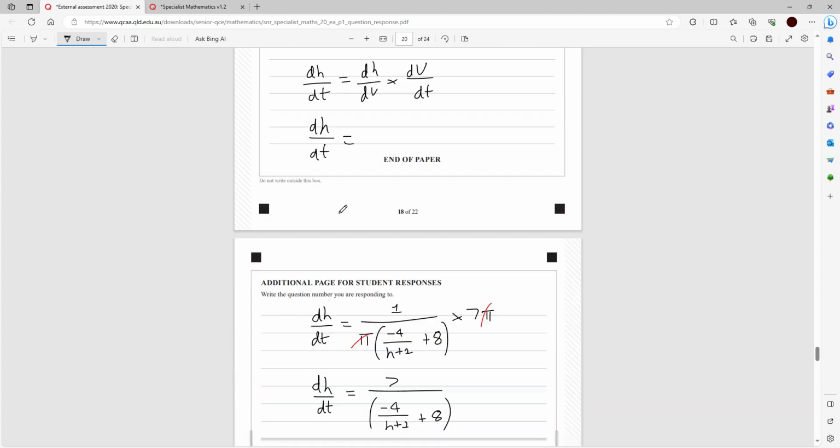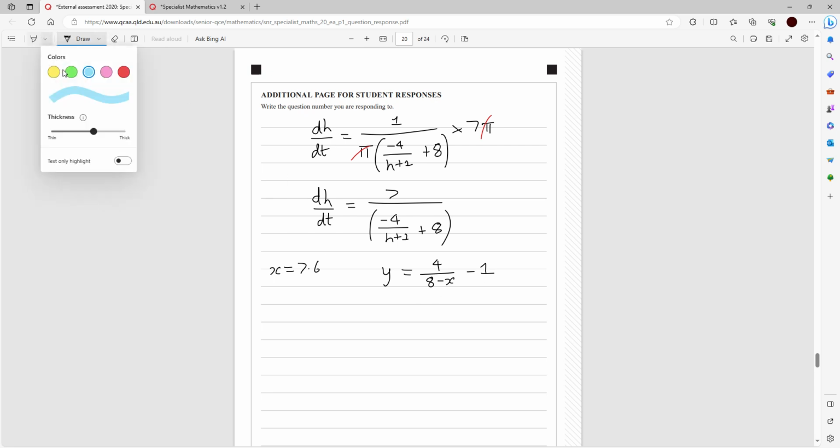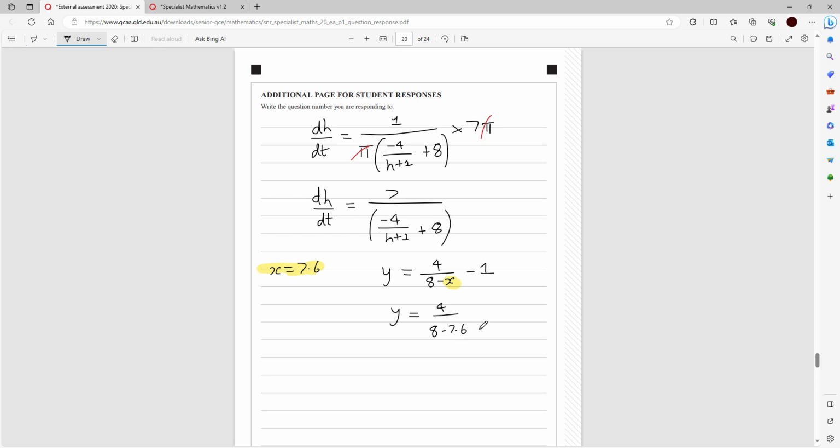So the biggest value of y is when x is equal to 7.6, and y, remember, is 4 on 8 minus x, minus 1. So all you've got to do is substitute this in here, so we can get a y value, because this y value is going to be the height of the bowl. If we times that by a third, that'll give us a third of the height. So 4 on 8 minus 7.6, minus 1.